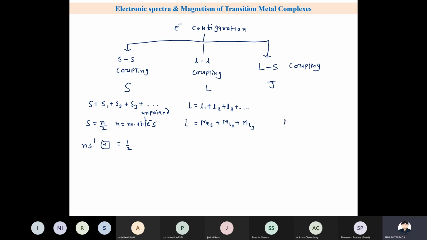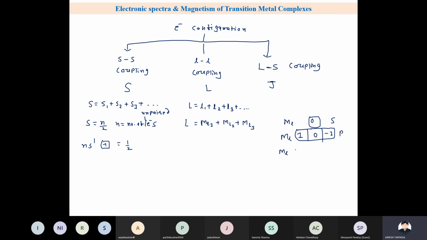ML value is 0 for the s orbital. The s orbital is 1 in number. For the p orbital it is 3 in number, so it is plus 1, 0, minus 1. These are the ML values.